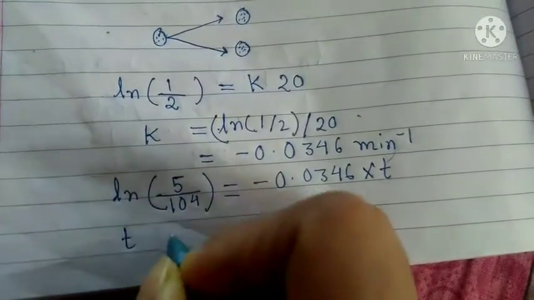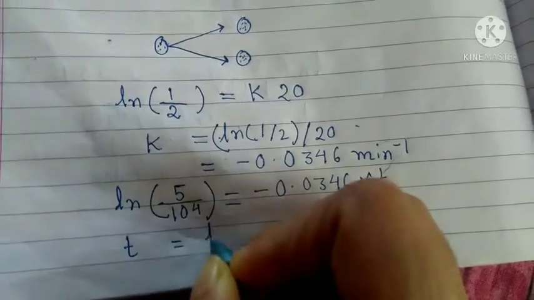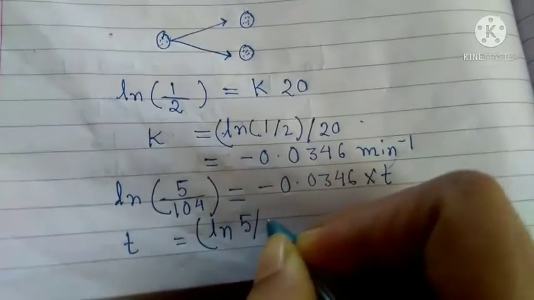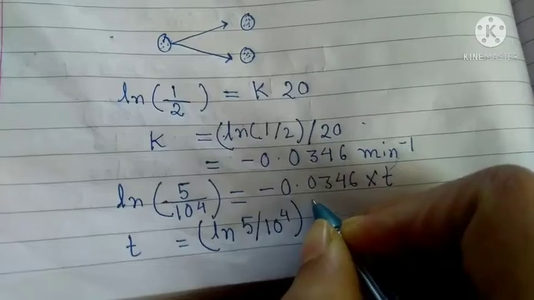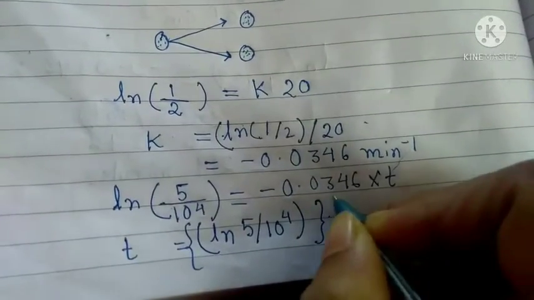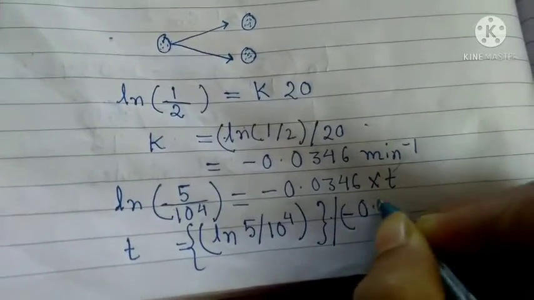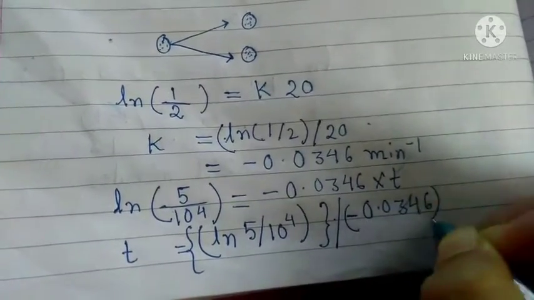So it will be ln of 5 by 10 to the power 4 divided by minus 0.0346.